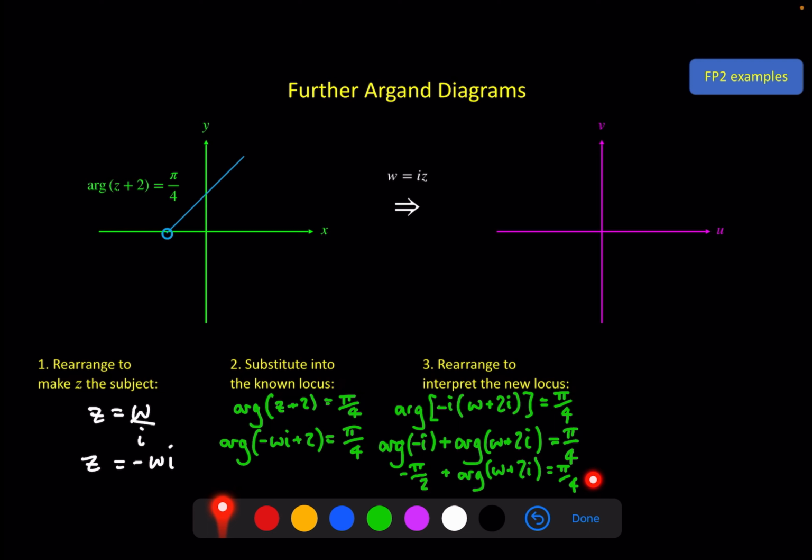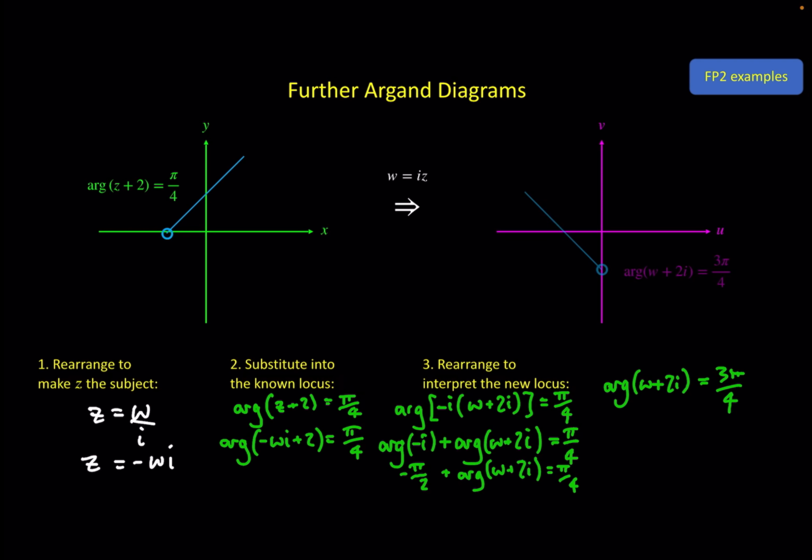Pi by 4 plus pi by 2 is 3 pi by 4, and that gives us our final locus. The argument of w plus 2i is equal to 3 pi by 4. So that's down here somewhere on the v-axis, and it's coming out at an angle of 3 pi by 4, so it looks like this.